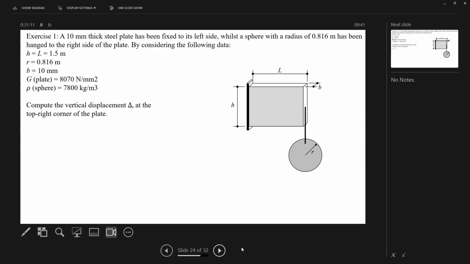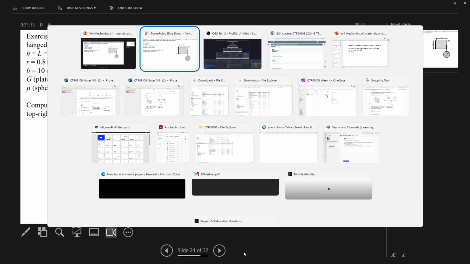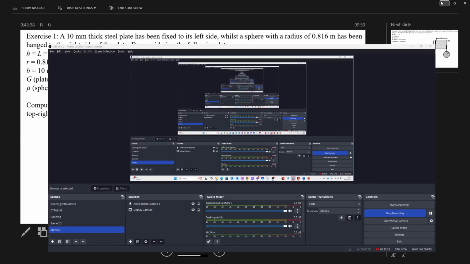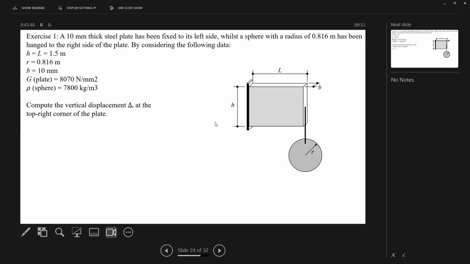And what I'll do is I'll pause the recording. So that's the recording back on now. And what we'll do, I'll get my iPad out. So one person's got the correct answer, 2.16 millimeters.